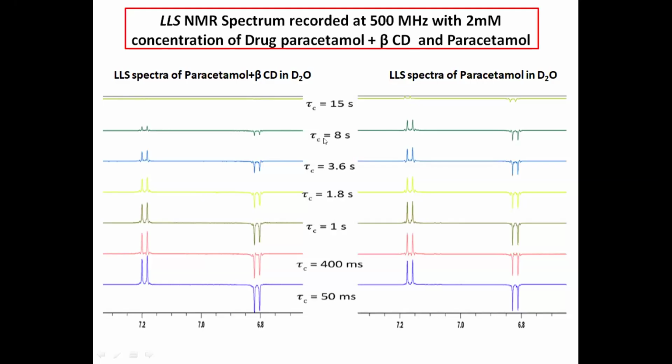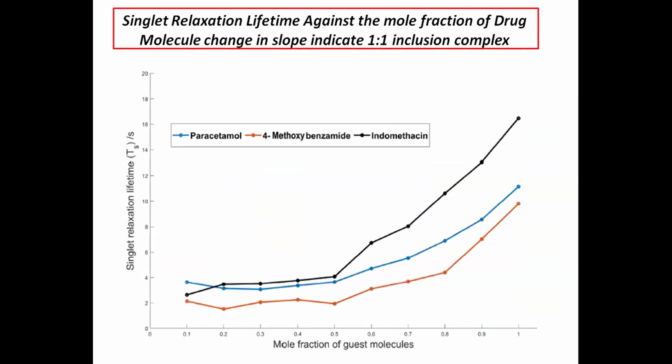So here what we did, we recorded these spectra, and then we plotted the mole fraction against the singlet relaxation time. What we see is a pattern here: after the half fraction, like 0.5, there is a tendency to be a straight line.